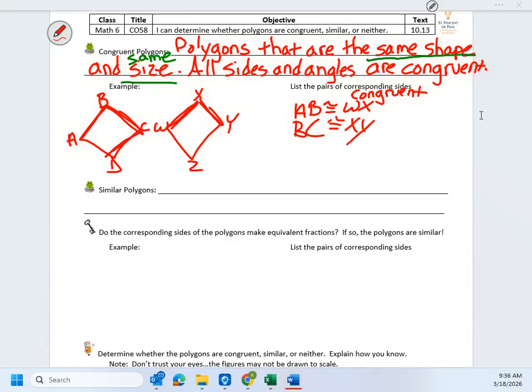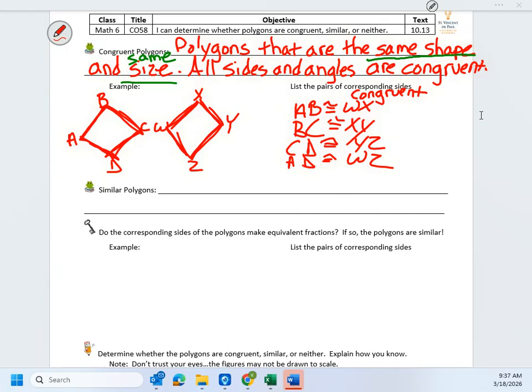Then we have CD to YZ. And we have AD to WZ. So those corresponding sides are the sides that match up. Okay? They are the same. So when they all correspond with each other, they are all congruent. It is a congruent polygon.